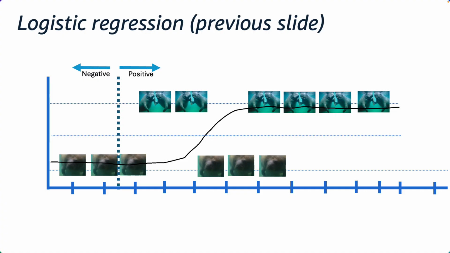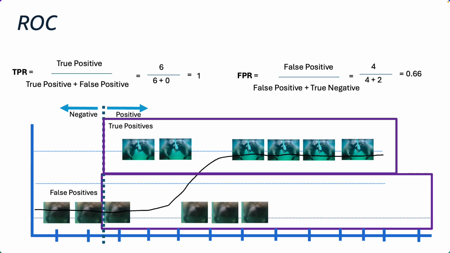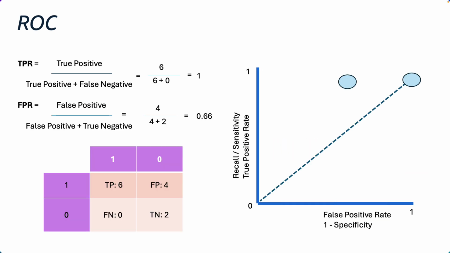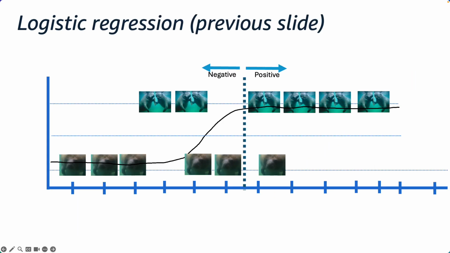So let's move the threshold to the right, and the difference here is in our negative values. Here, 2 of the negative values have been correctly classified. And here is the calculations that we did for that. And at this point, we have taken a step back and we have reduced the false positive rate. So let's move our threshold again to the right.